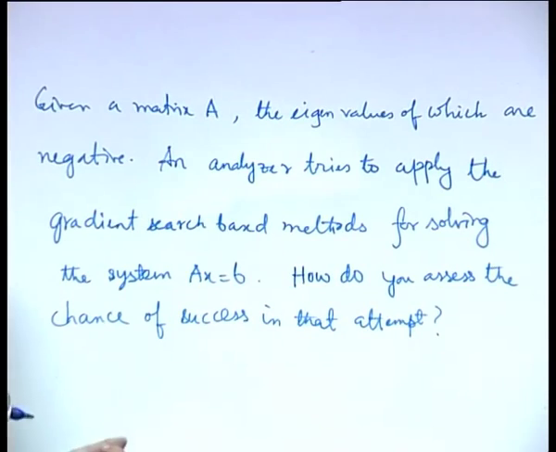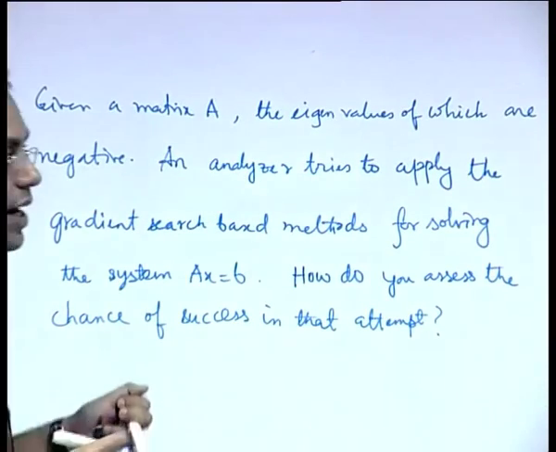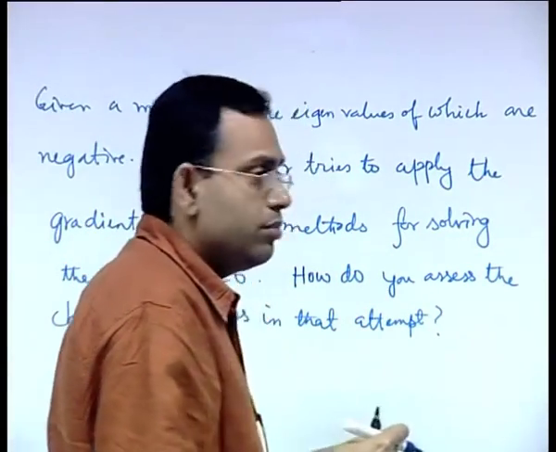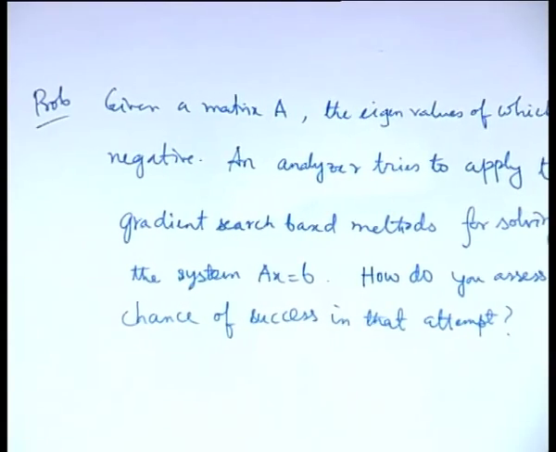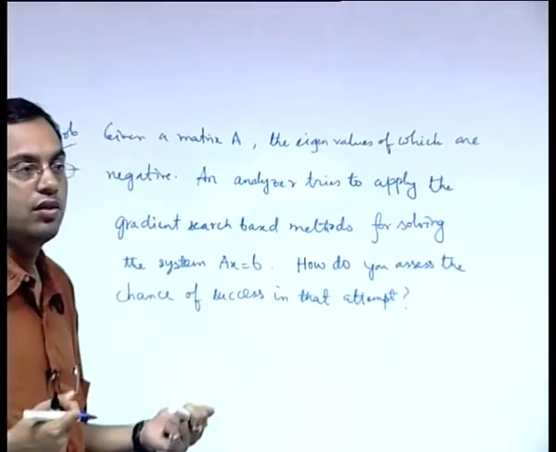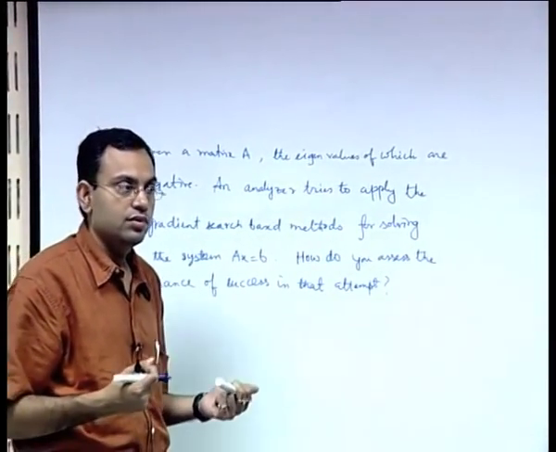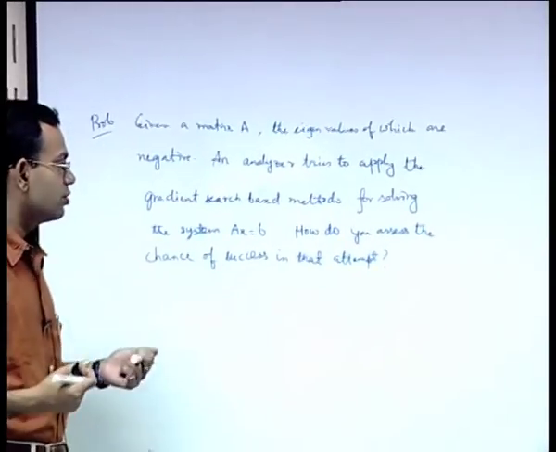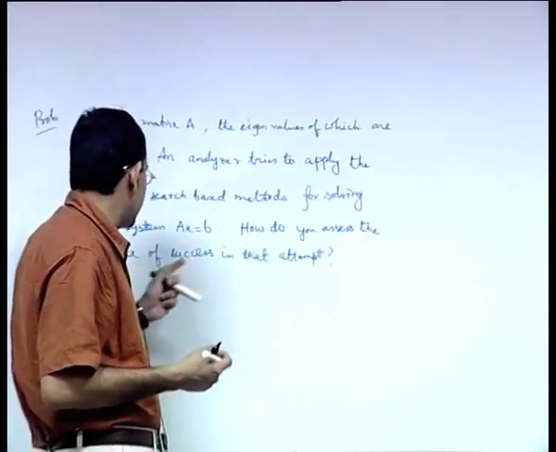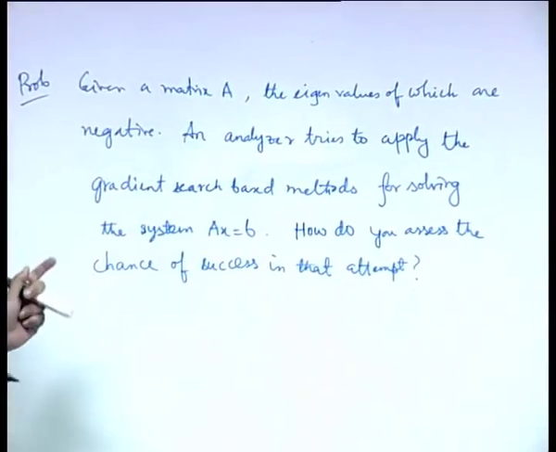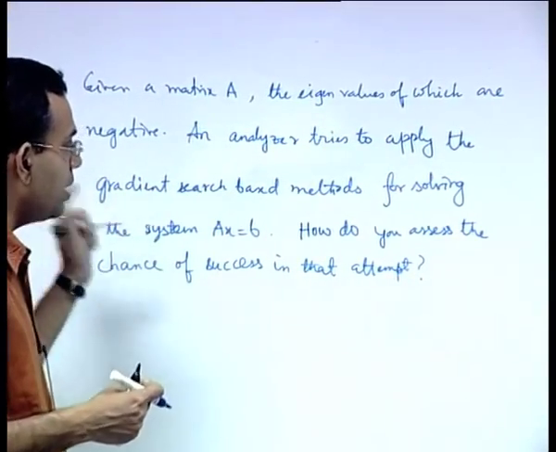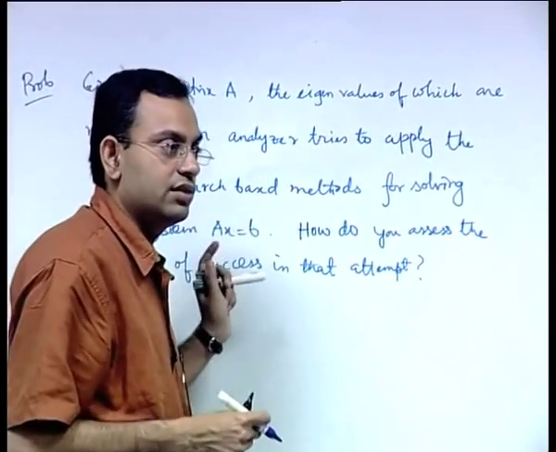So, in many cases people try to use a method, and in many cases people are unsuccessful because they have implemented the method wrongly. In some other cases they are unsuccessful because the method is wrong for that particular situation. So, when you say the question how do you assess the chance of success in that attempt, you have to assume that he or she implements the method and there is nothing wrong with the implementation.